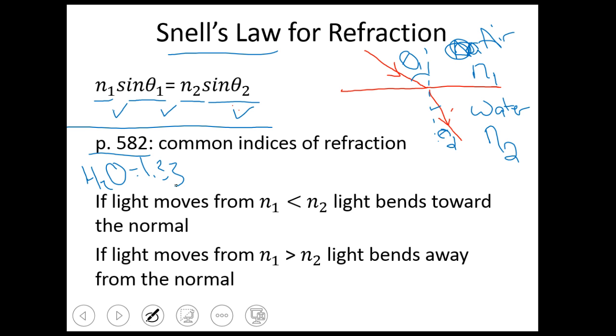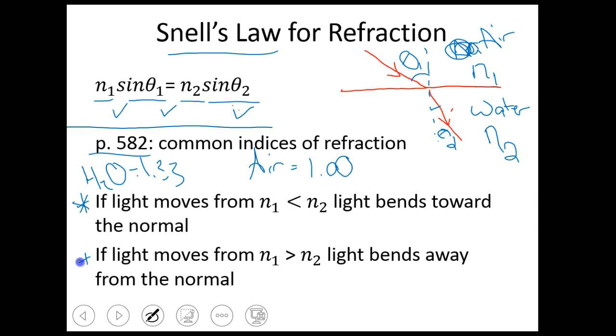And what about air? Well, air, just normal nitrogen and oxygen filled air, is 1. Right? And we go on to talk about different kinds of materials like diamonds and glass and oil and all kinds of good stuff. There is this generalization that I want you to know though.